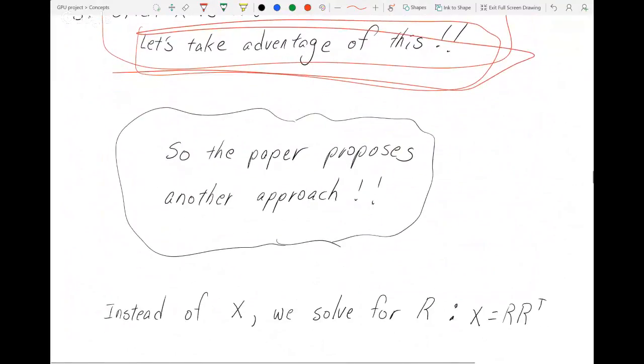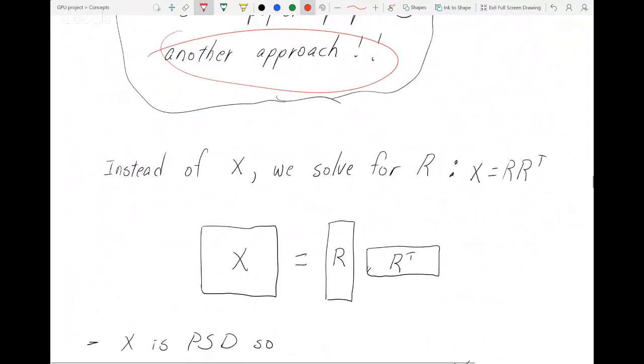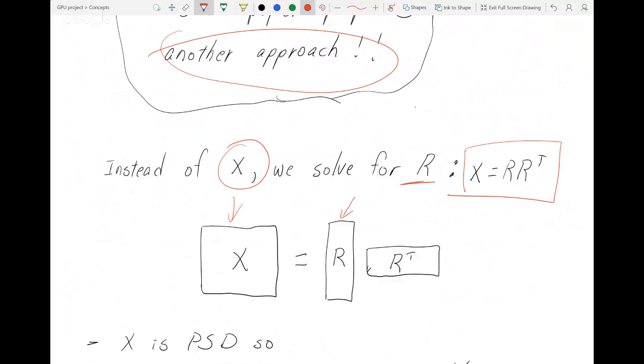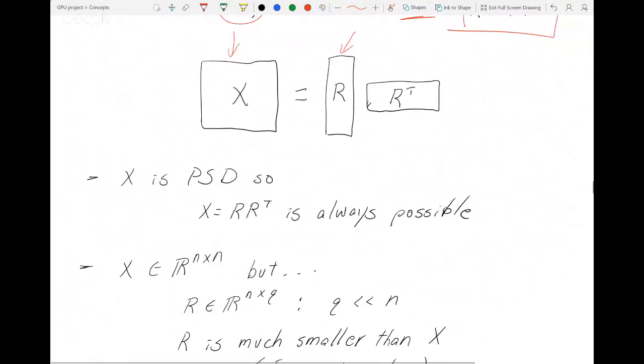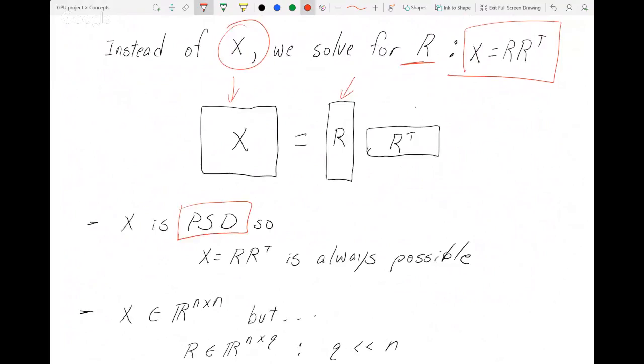So the paper proposed yet another approach. Instead of solving for X, the paper proposed that we solve for R, where X is equal to R R transpose. So notice R is low rank. It's much, much smaller than X, which is a big matrix. Since X is positive semi-definite, this is always possible.